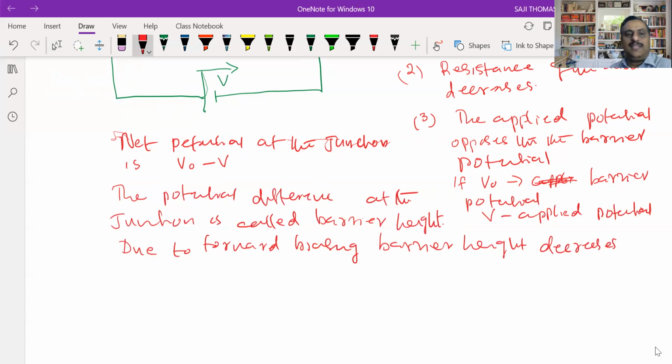So we can represent this with a diagram. See, we represent barrier height in this way. This barrier height, this potential difference, we represent by V0. Potential difference between the P and N sides. Here no bias is applied.